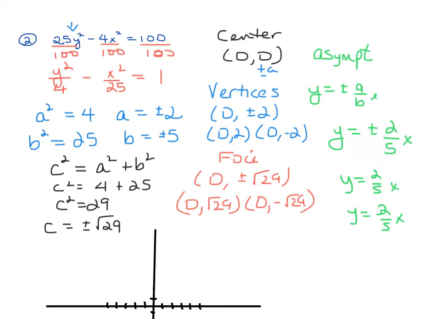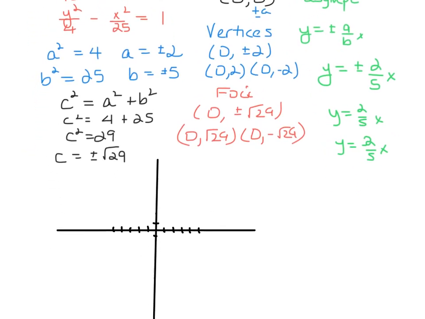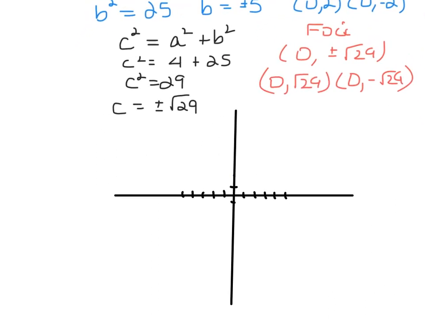So let's graph the asymptotes first. I'm going to start at 0, 0. And from 0, 0, I'm rising 2 and running 5. And I can go down and over. So this is the equation of y equals 2 over 5x.